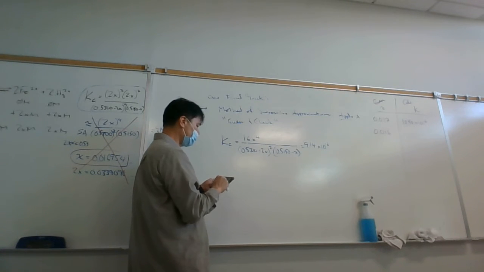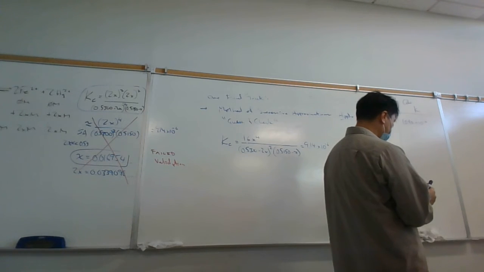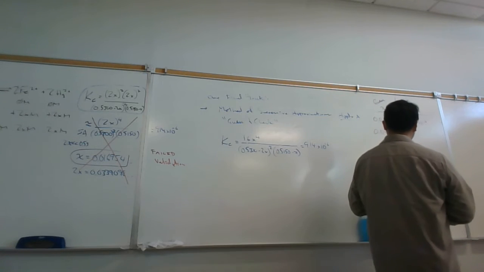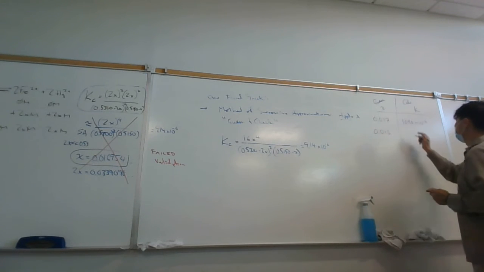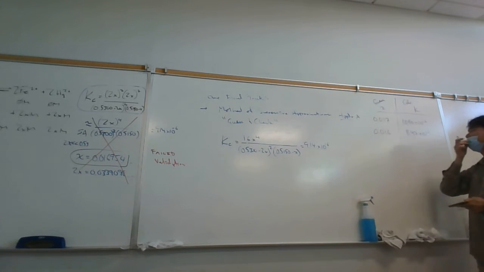Close parentheses, equals 8.47 times 10 to the minus 6.